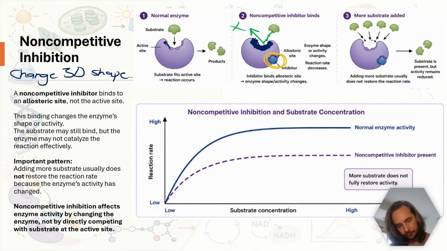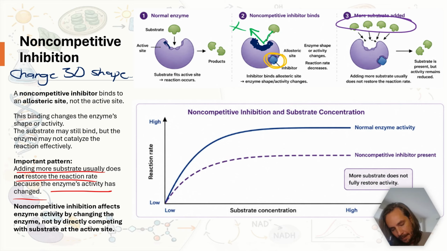Now, the difference here is if I add more substrate, it does not restore the reaction rate because the enzyme's activity has changed. So here I can see, even if I start adding more substrate, the active site has changed, so it's unable to bind to the active site in the first place.